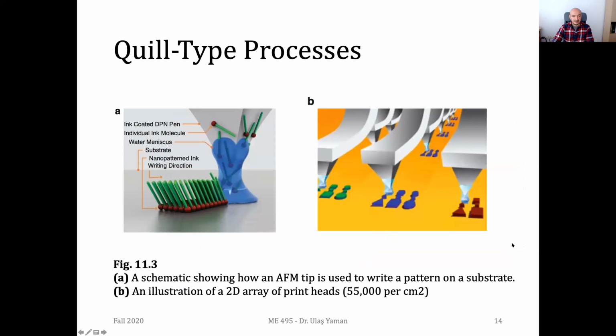Okay, this is how it works. This is the tip of our atomic force microscope. You put it into an ink tank, and some ink will be at the tip of it. Then while you are moving, it will deposit this material and some other extra particles on the layer.